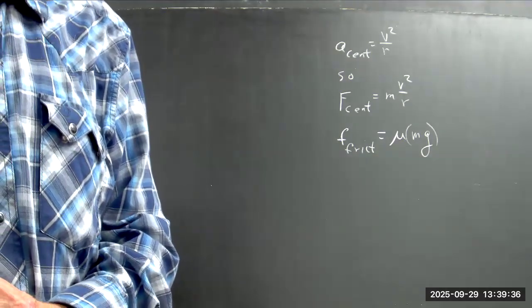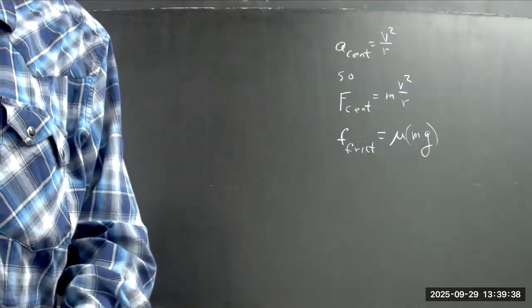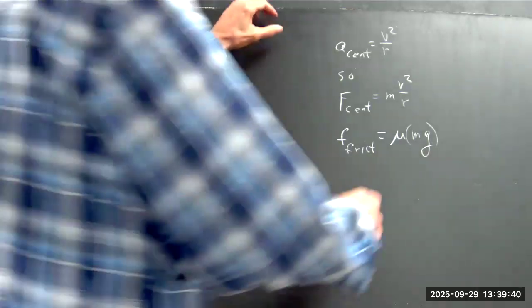Now there's kinetic friction and there's static friction. So I'm going to call this mu sub s for static friction.